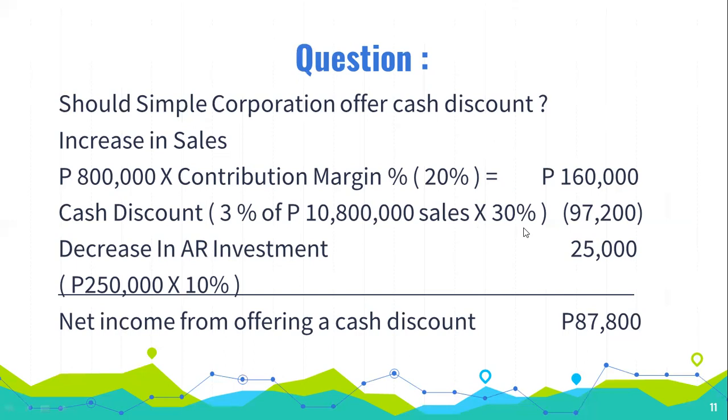Why do we multiply it by 30%? It is because 30% of customers will avail the cash discount. Therefore, the effect is an additional expense of 97,200 pesos. And then finally, we have the decrease in accounts receivable investment of 250,000 pesos.